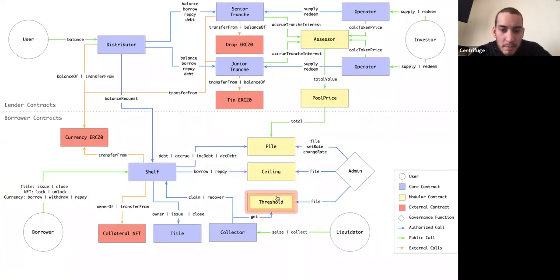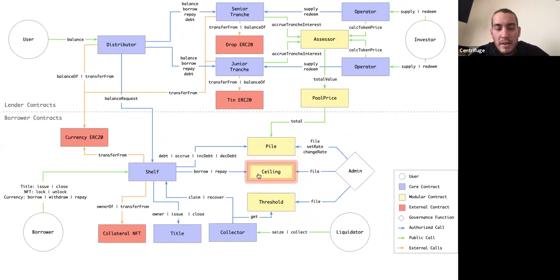It also has different data providers, different data sources that we can use to define how the shelf should behave. We have three different prices we need to look at for each asset. We have the pile, which is for accruing interest.